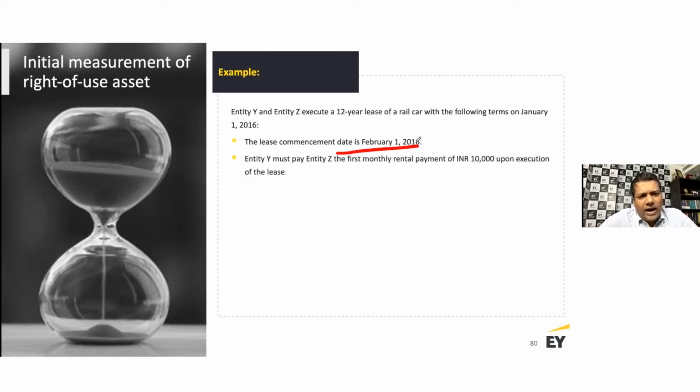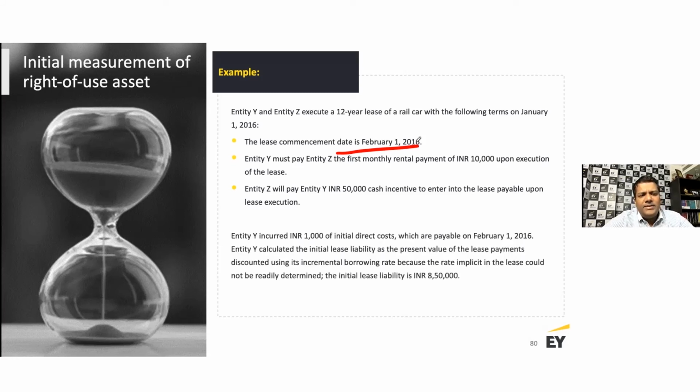Entity Y must pay entity Z the first monthly rental payment of INR 10,000 upon execution of the lease. So I have to pay 10,000 upfront. Then entity Z will pay entity Y a INR 50,000 cash incentive, payable upon lease execution.